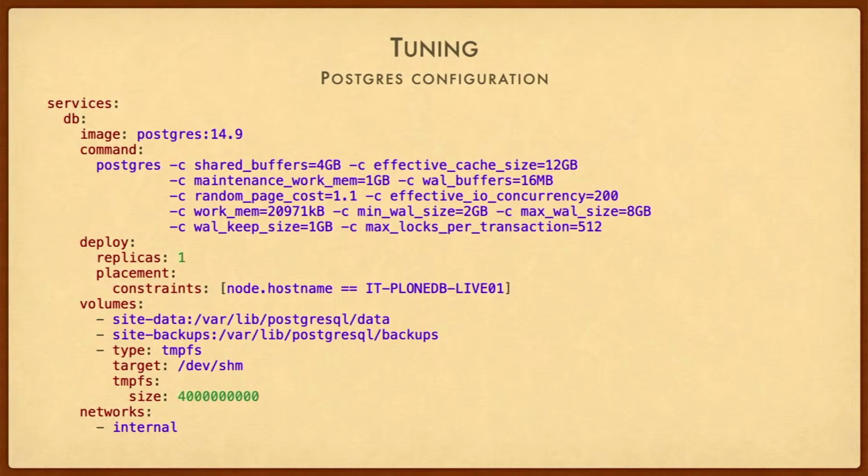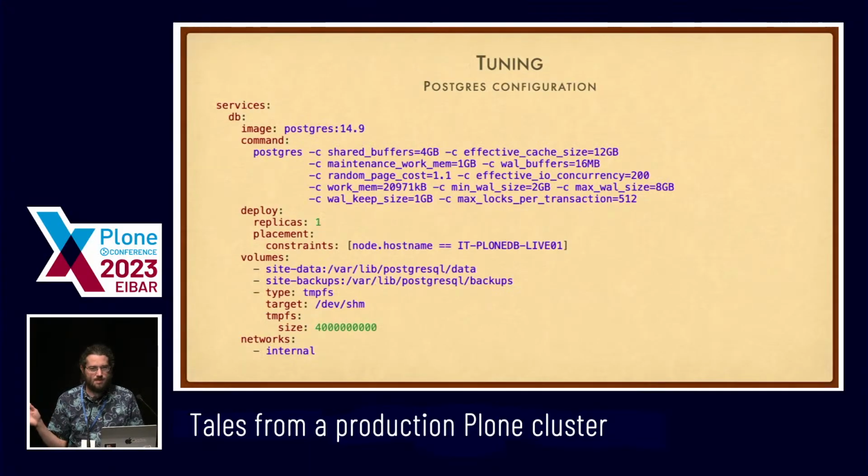The max locks per transaction is another one to pay attention to. If you're using RelStorage and you're doing an operation that touches a lot of objects, like moving a very large folder from one part of the site to another, well, for one thing, it's going to take a while just because of what needs to happen. But another thing is you might get an error that it couldn't complete the operation because it ran out of, I think it says something about locks in the error message.